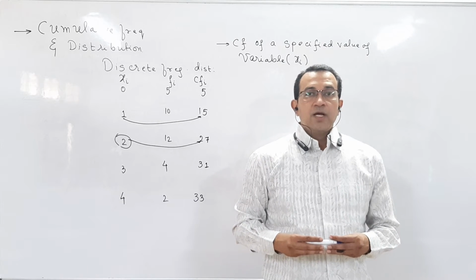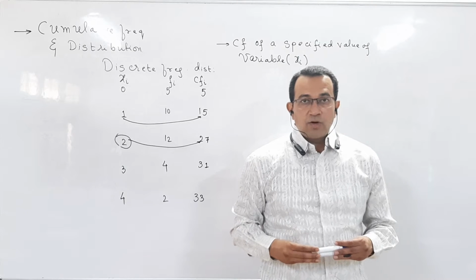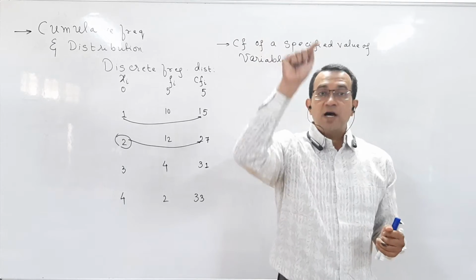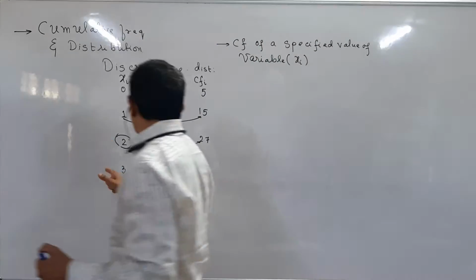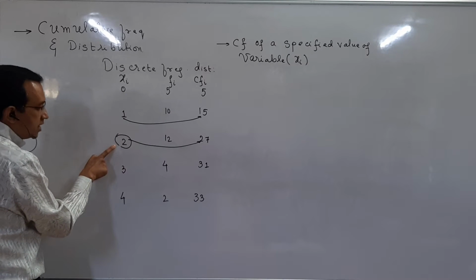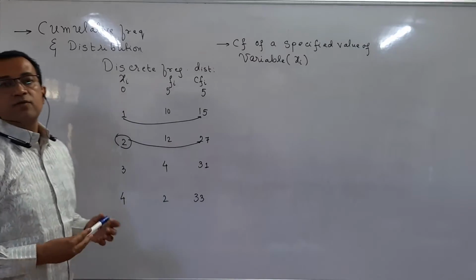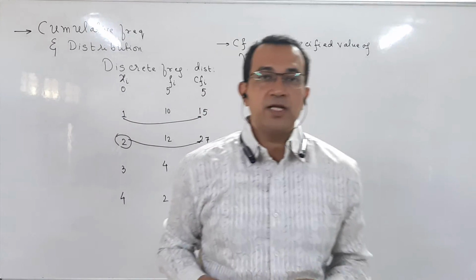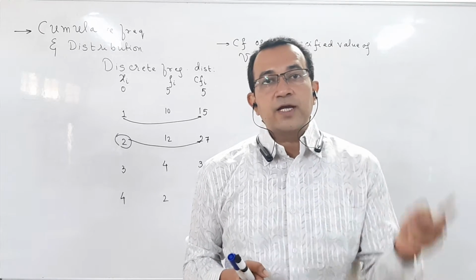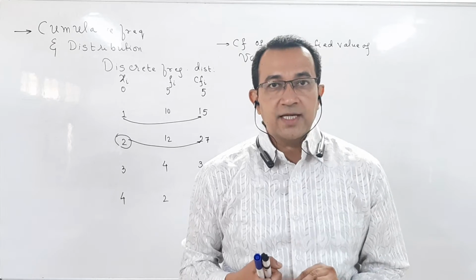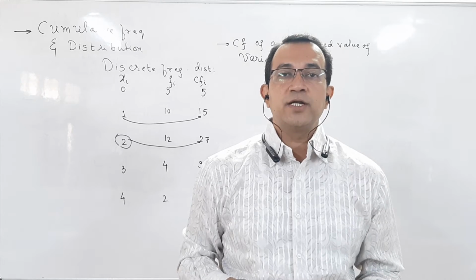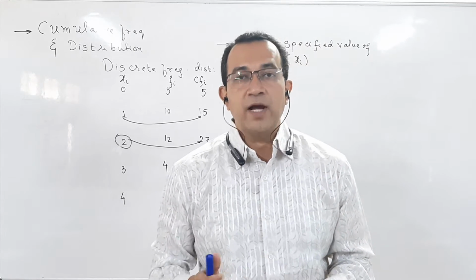Once again, the cumulative frequency of a specified value of variable xi: the sum of frequencies of all the values of xi which are less than or equal to that specific value is called cumulative frequency of that specified value of variable.